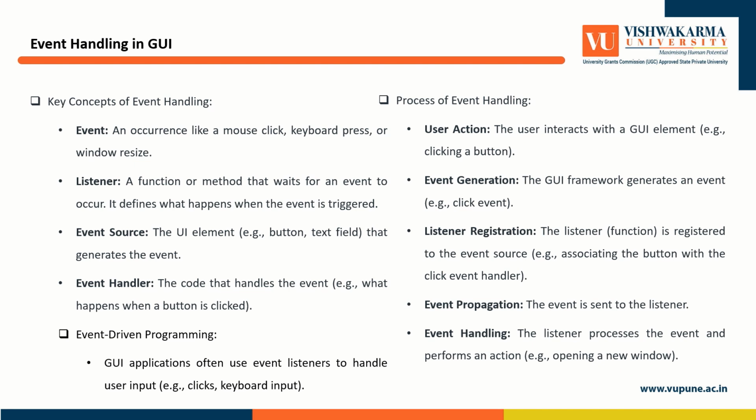The listener function is registered to the event source, for example, associating the button with a click event handler. Fourth is event propagation. The event is sent to the listener. Fifth one is event handling. The listener processes the event and performs an action, for example, opening a new window. These are all the processes of event handling.